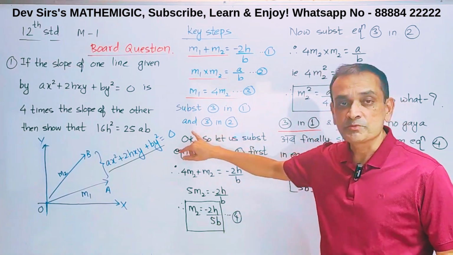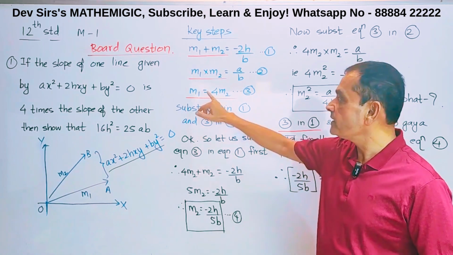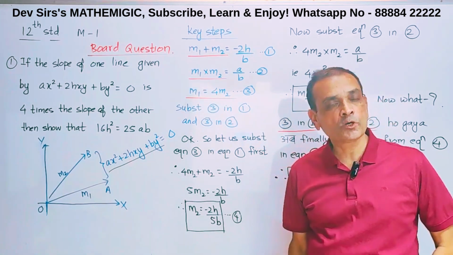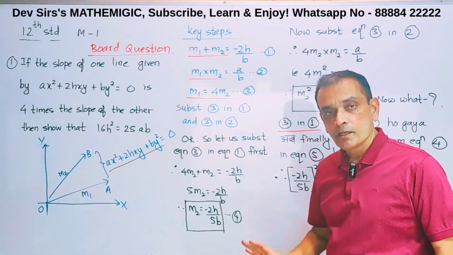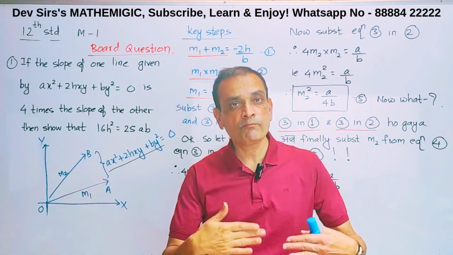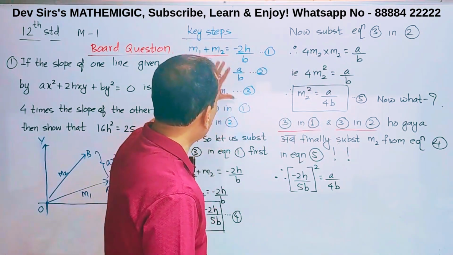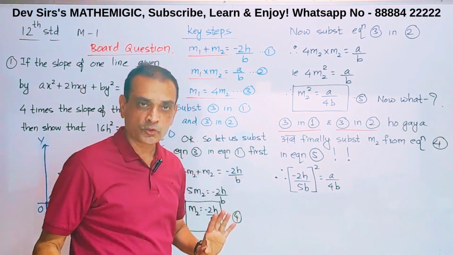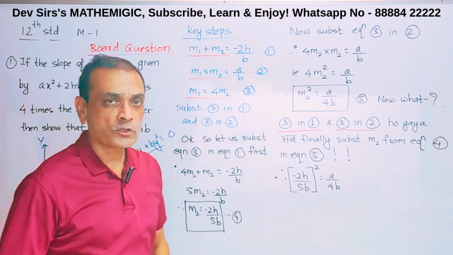Then substitute equation 3 in equation 2, and we get one more equation. You know the formulas M1 plus M2 and M1 M2, and this is the given condition, so let us go according to the key steps.